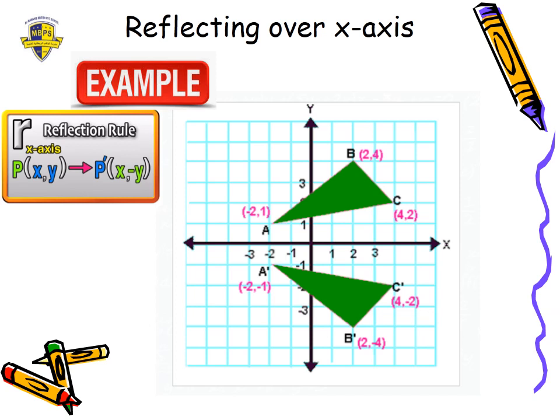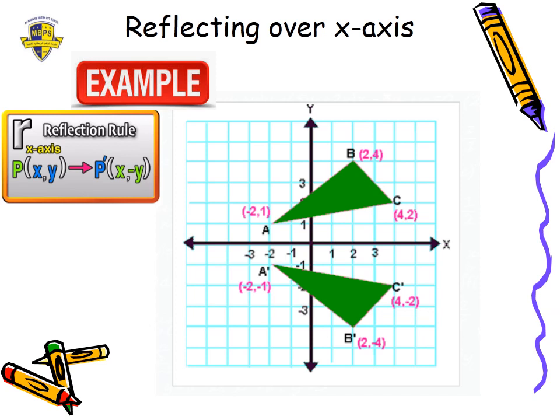And now we want to reflect it. We say when we want to reflect over the x-axis, x we will not change, we just change y. If it's minus, we make it positive, and if it's positive, we make it negative. So here it's minus 2 and 1. It will be minus 2, minus 1.